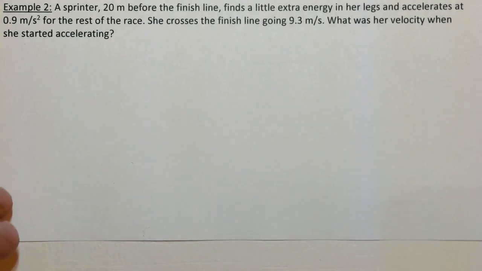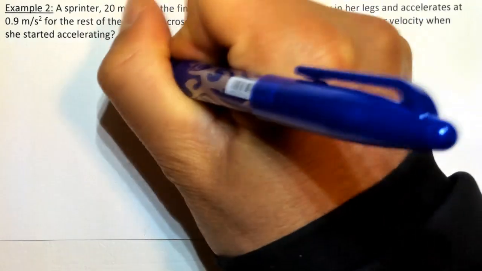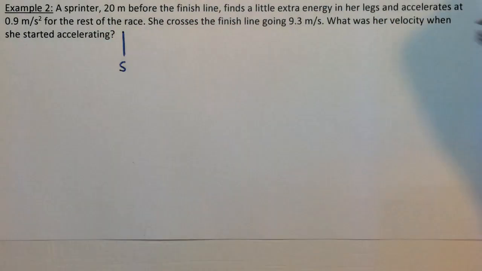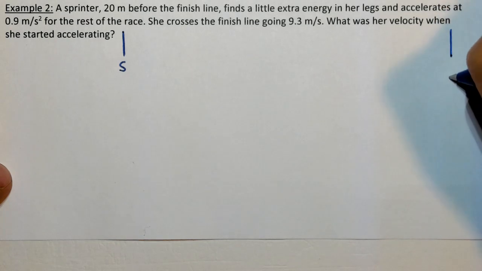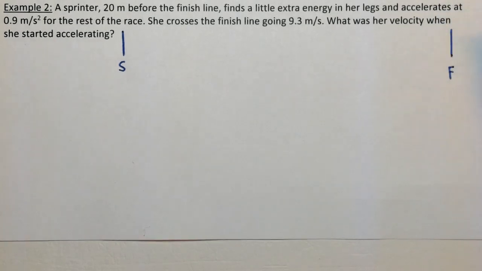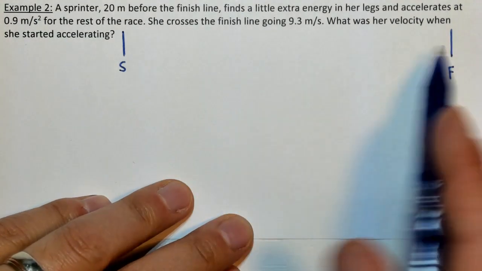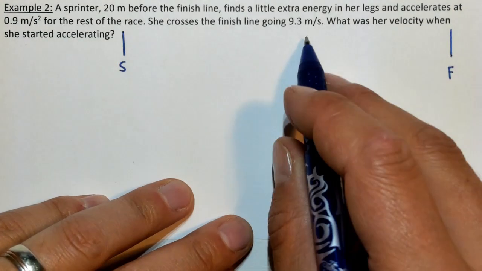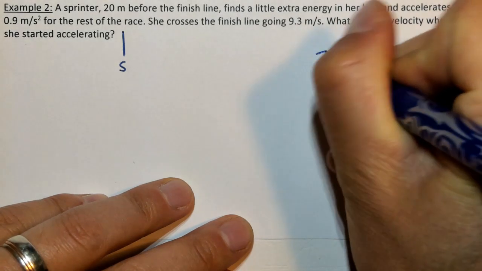So I've got a race going. Here's my start line, let's say. And here's my finish line, let's say. And my sprinter, a little bit before the finish line, 20 meters before the finish, maybe the sprinter's over here, is running hard.